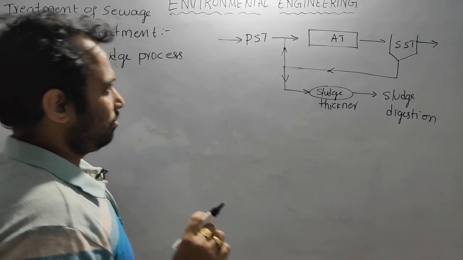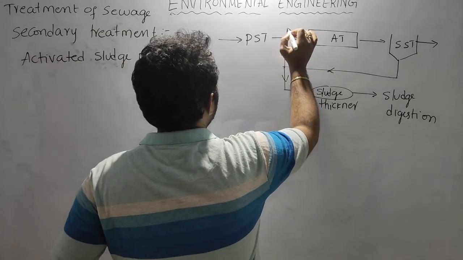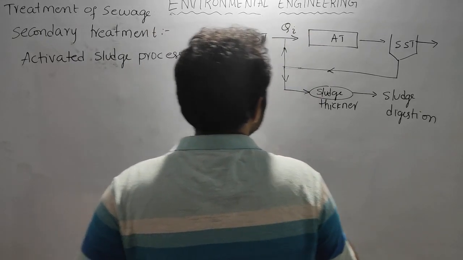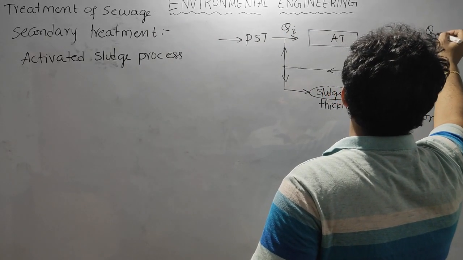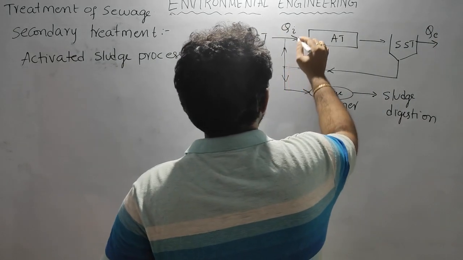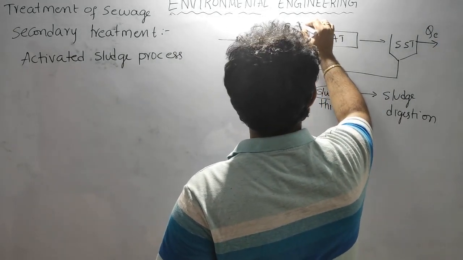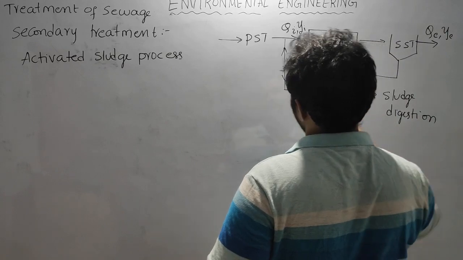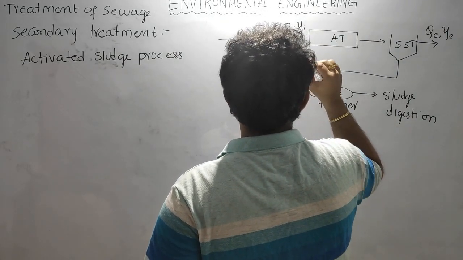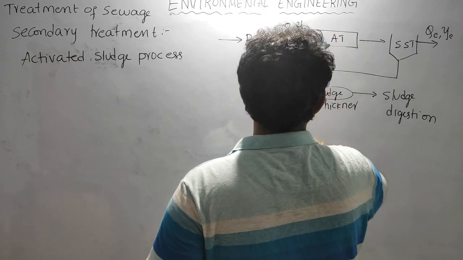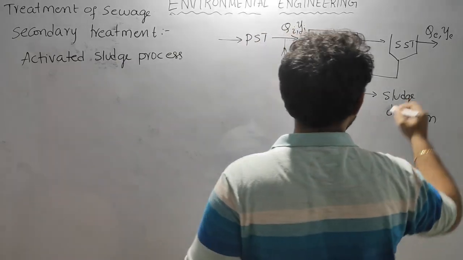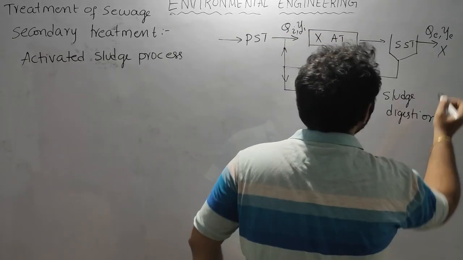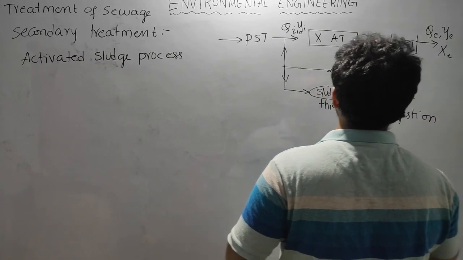So let us define all the terms. Whatever the inflow, let us take it as Qi. This is the effluent, QE. The concentration of BOD in the influent, let us take it as Yi. The concentration of BOD in the effluent, let us take as Ye. The MLSS, the concentration of microorganisms inside the aeration tank, that is X. The concentration of microorganisms in the effluent, let us take it as Xe.